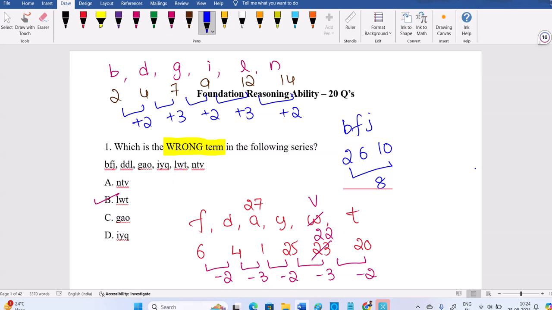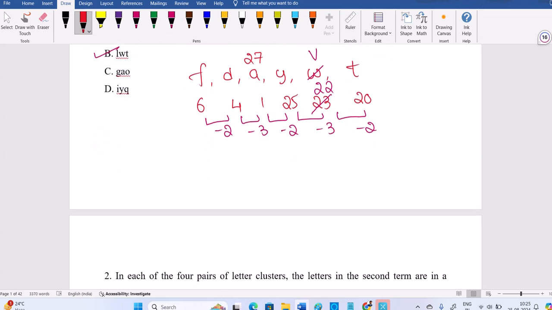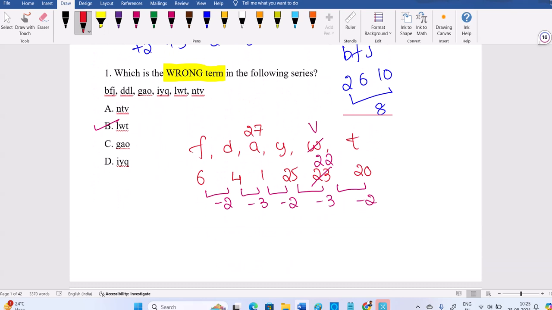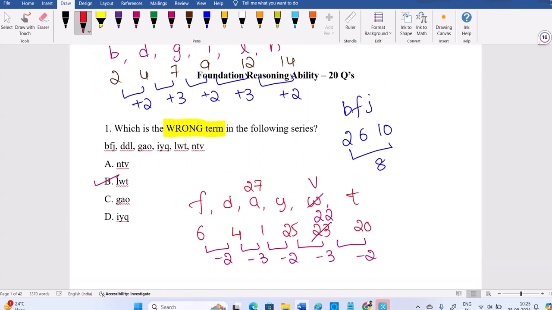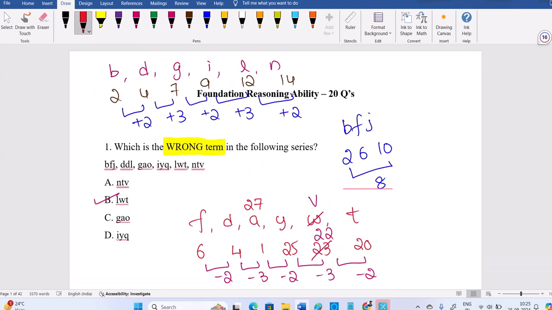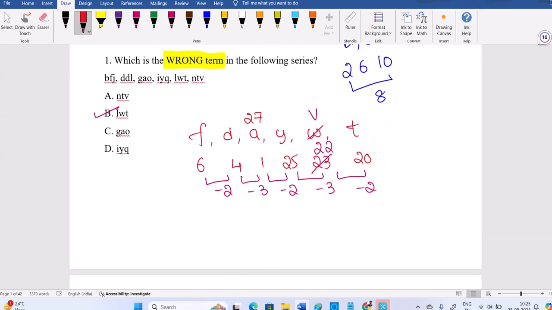So W is 23 now, so we require all even in the entire term or all odd, but this is not following that logic. Good, you people can think better in a different direction also. Excellent, my dear. Some people gave NTV, option A, option C, but I hope you figured it out together. You will justify option B is the answer with two different logics, one as suggested by your friend.